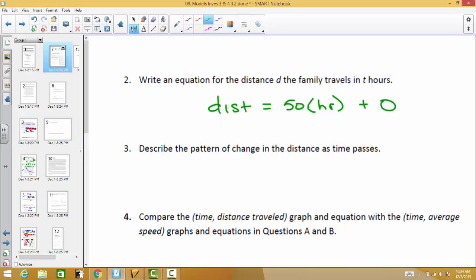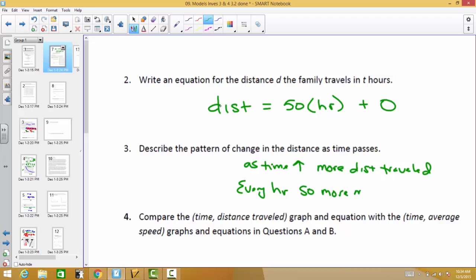So as time increases, more distance is traveled. In fact, more specifically, every hour, 50 more miles are driven.